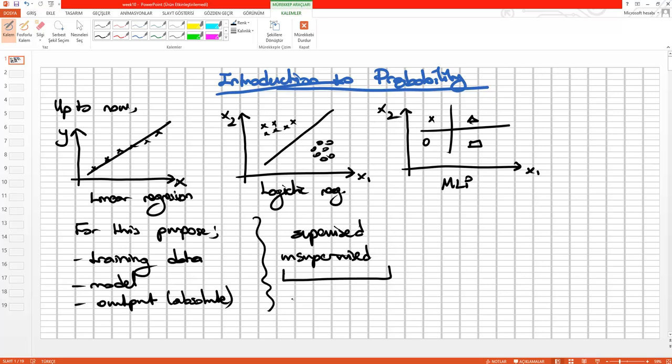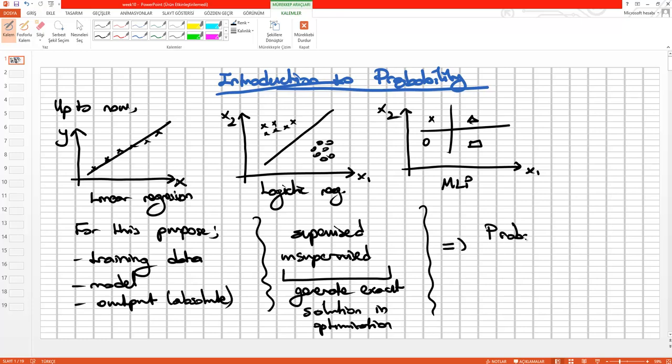In this domain, we can generate the exact solution, but in optimization, we may have false results. So in order to overcome this problem, or to create a chance for any events to happen in machine learning, we can use the probability theory.